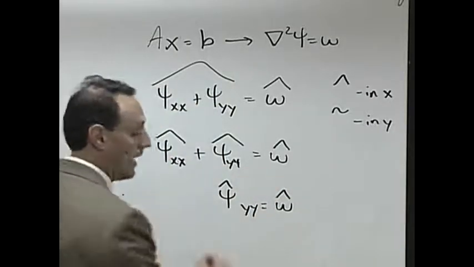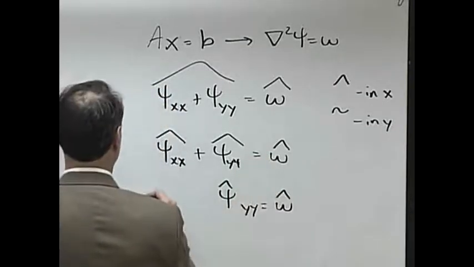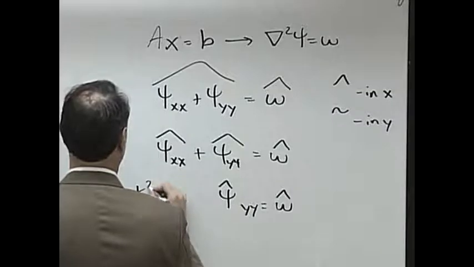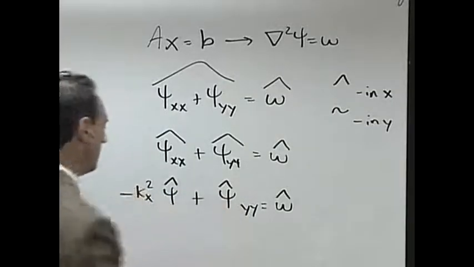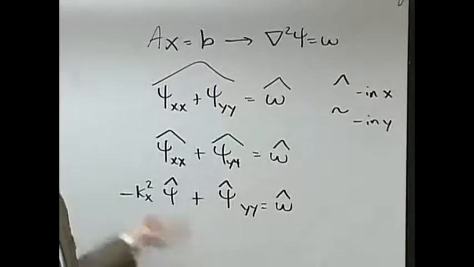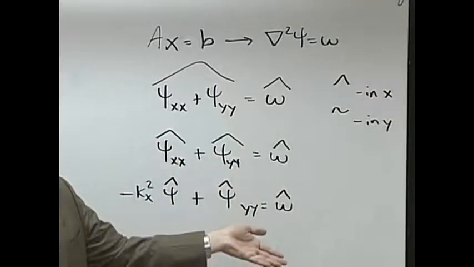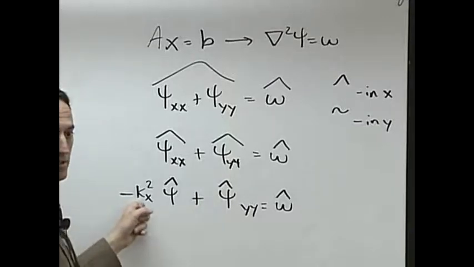So this is i squared is -1. So I get a minus, let's call it kx squared. That's what happens when I Fourier transform in x. Now, I'm going to Fourier transform in y. That's just a constant.